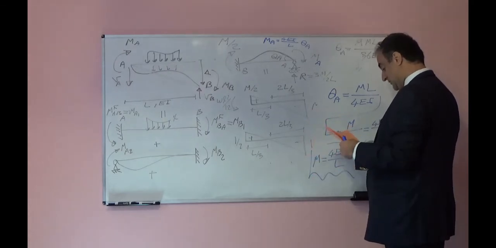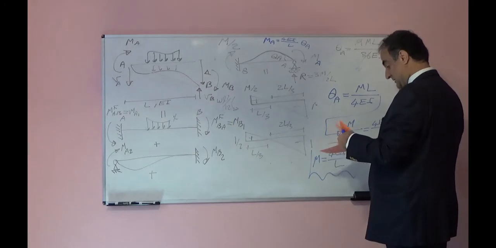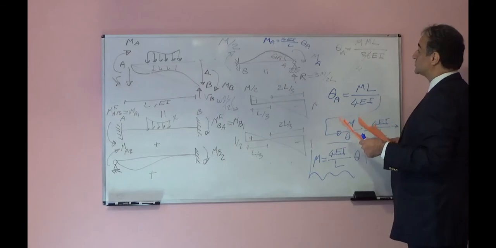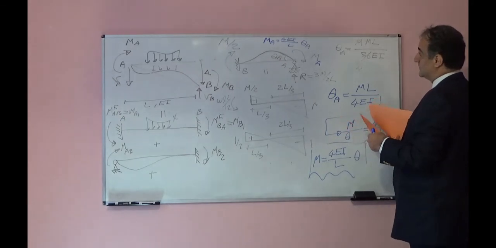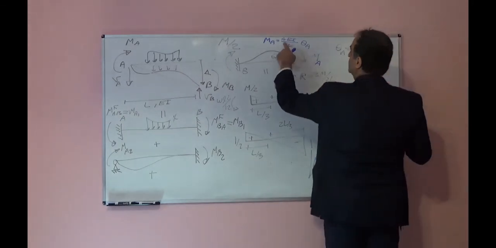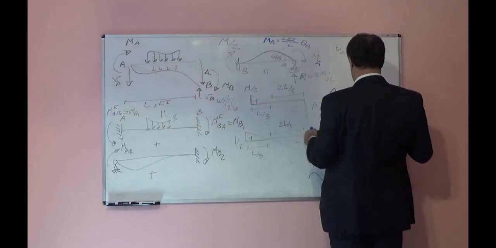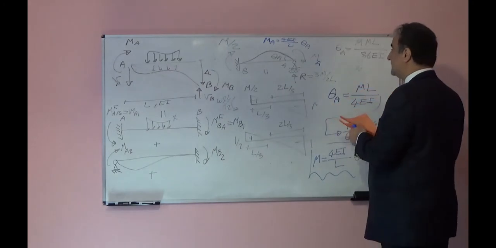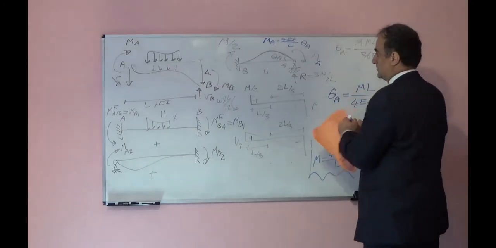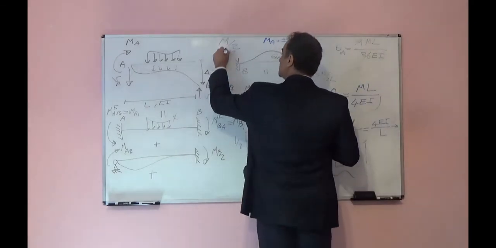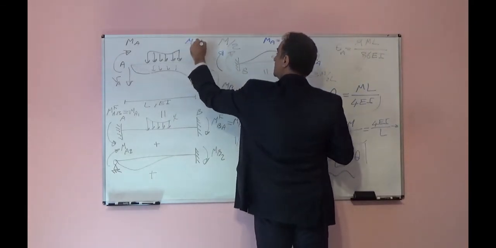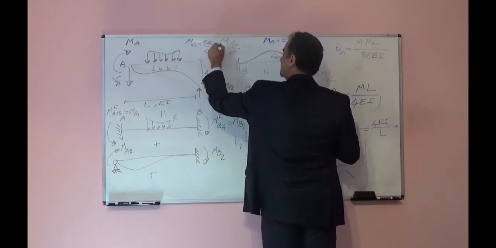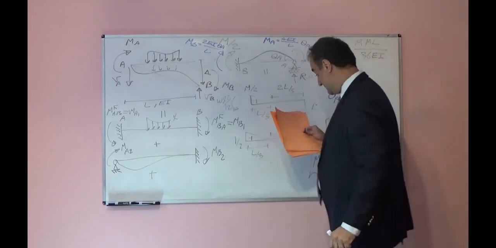You can do that one more time and you will end up with the same result. So now MA is equal to 4 EI over L theta A, and because this reaction will be half of that, here MB will be half of this, it will be 2 EI over L theta A. Remember this.